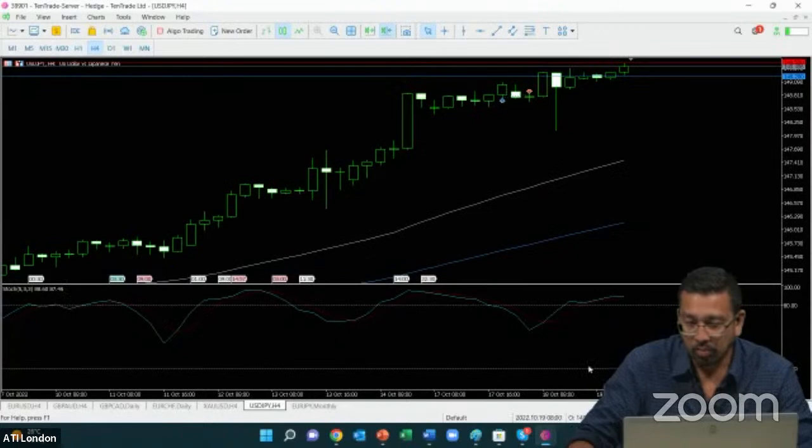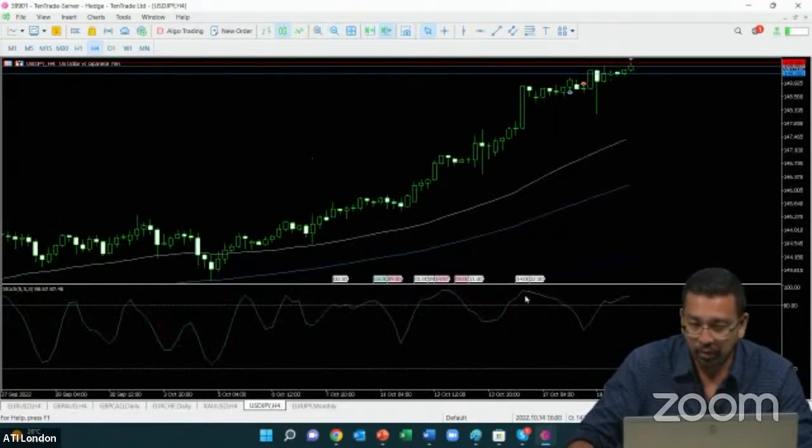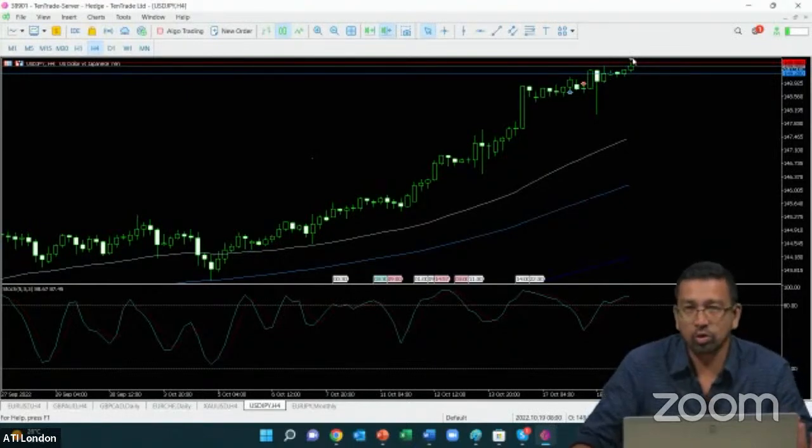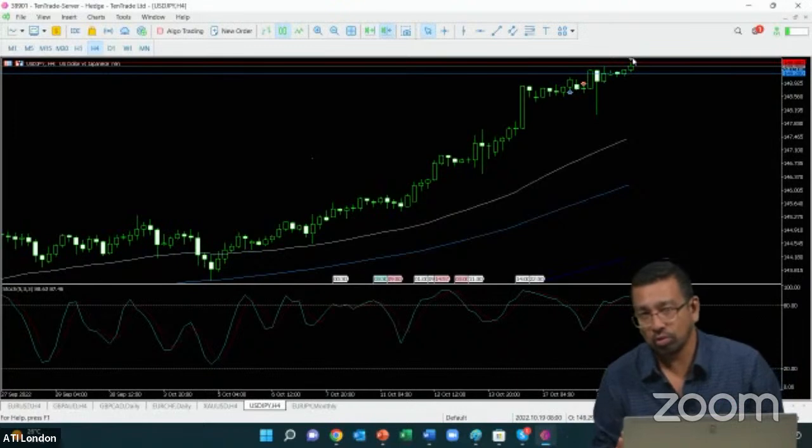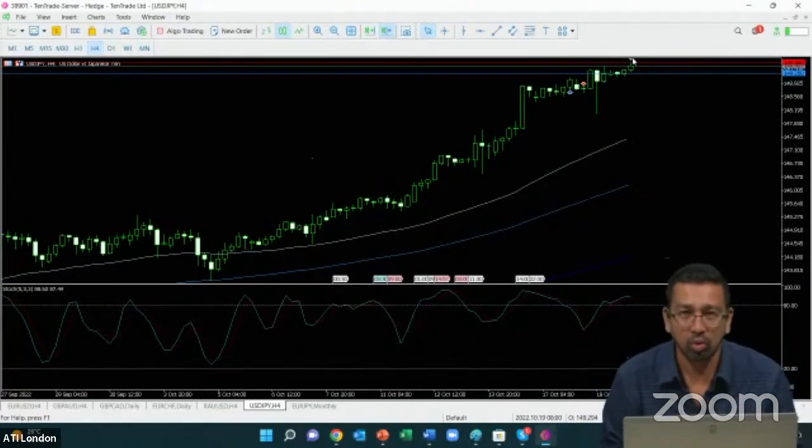Let's see, because here, for example, we have got a high and a lower high, but here we've got a high and a higher high. So it does look like on the 4-hour chart, anywhere between 1 hour to 4 hours time, there may be a possible reversal that may take place.